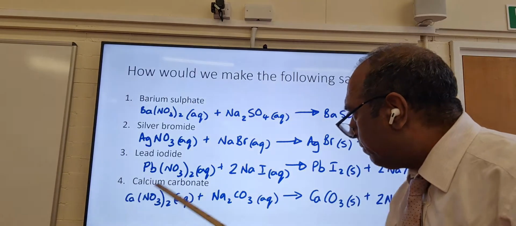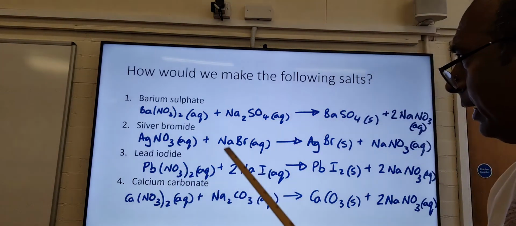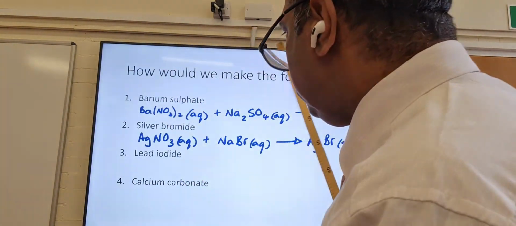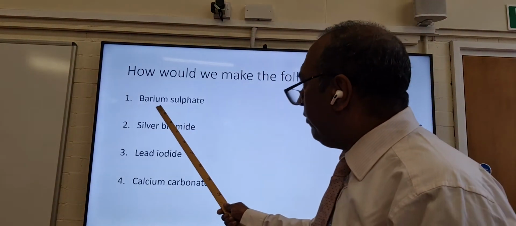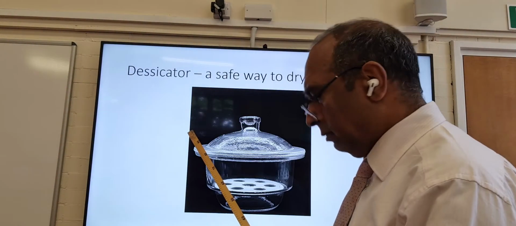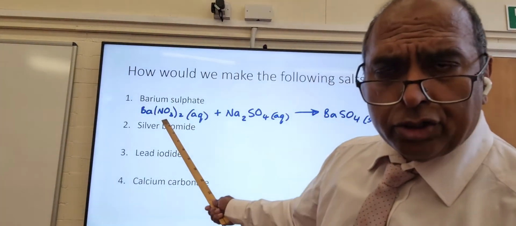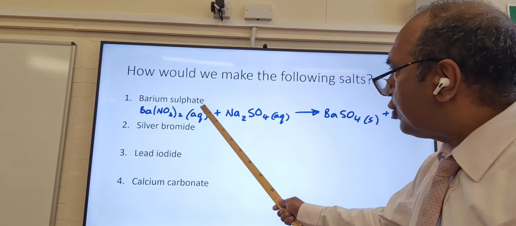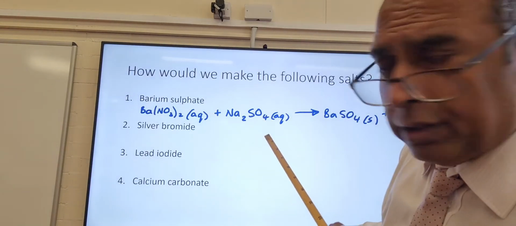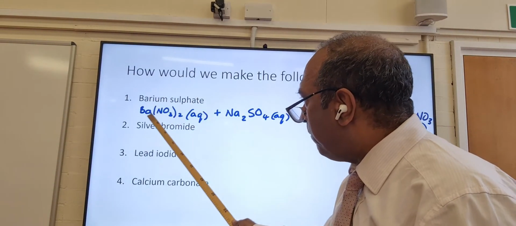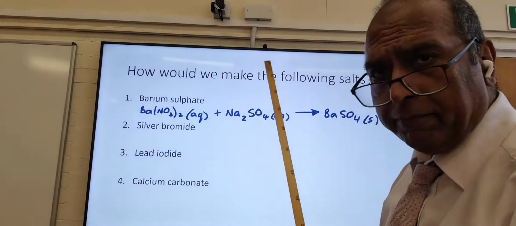Calcium carbonate. Can I go back? Barium sulfate. The barium ions are in one solution. The sulfate ions are in the second solution, to make barium sulfate.